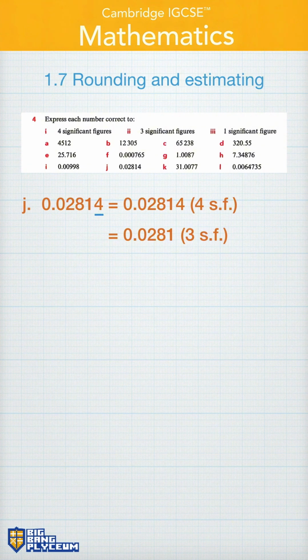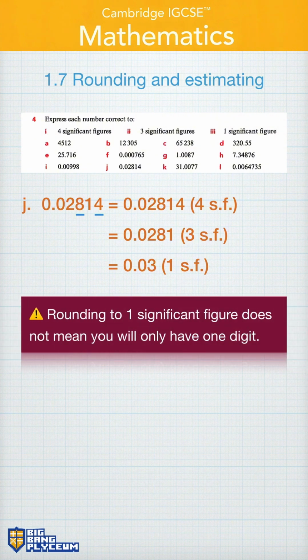And if you want to keep only 1 significant figure, we always look at the second one. If it's 5 or above, and here it is 8, we have to round the first one up, okay? So that's going to be 0.03. Have you got it? Very good. So we always want to keep in mind, if we are asked to round a number to 1 significant figure, it does not necessarily mean that we only have 1 digit, okay?